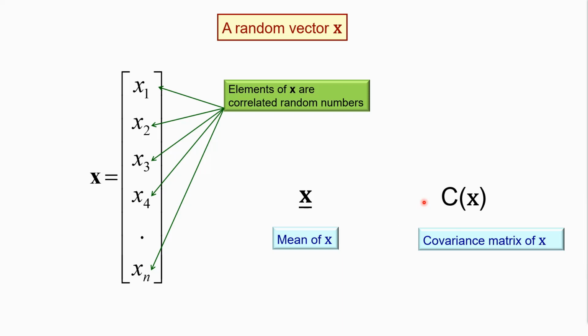The diagonal elements of Cx express the variance of each of the elements of x. Remember, variance is the square of standard deviation. The off-diagonal elements of Cx express the degree of statistical interrelatedness between respective elements of x.